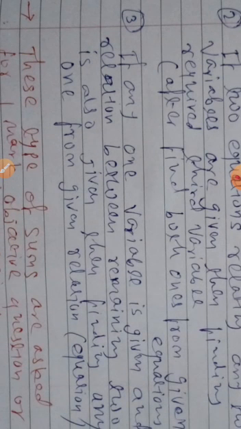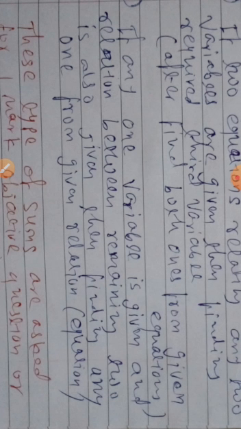Out of mean, median, mode, any one's value is given, and the relation of the remaining two is given. For example, if the mean is given, then the relation of median and mode is given, either median plus mode or median minus mode. This way, if one value and one equation are given, you can use the same formula and find the third one, whatever is asked.